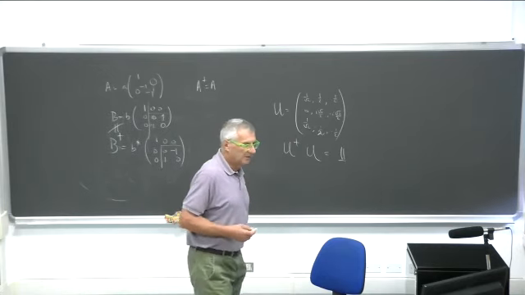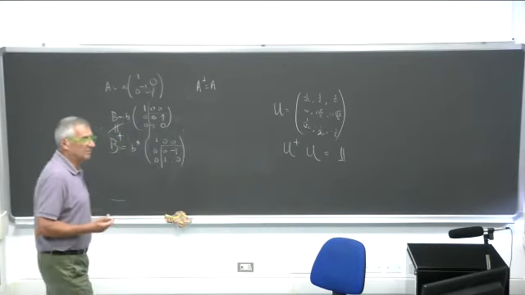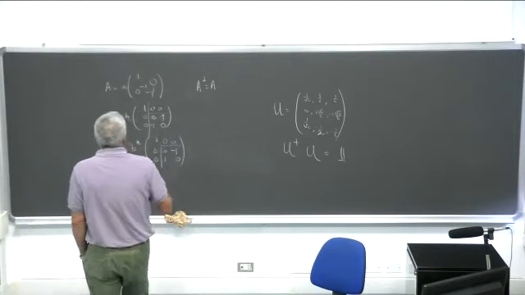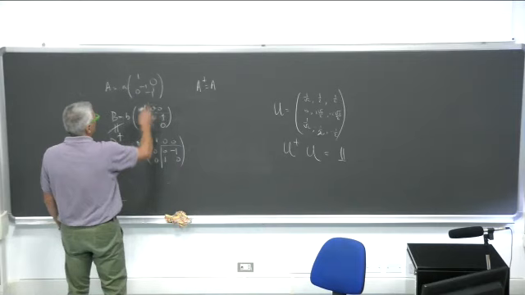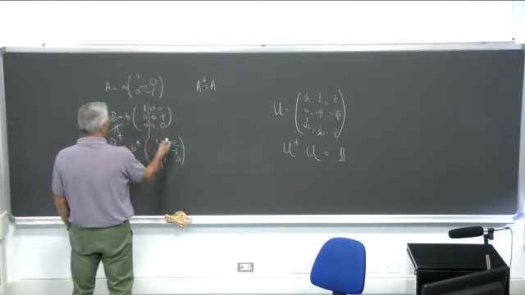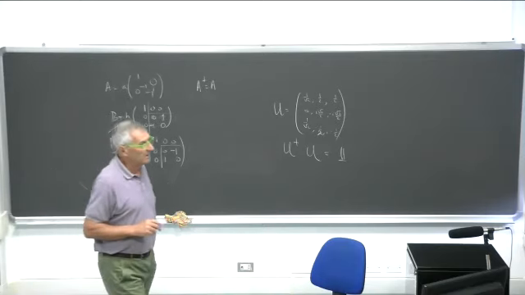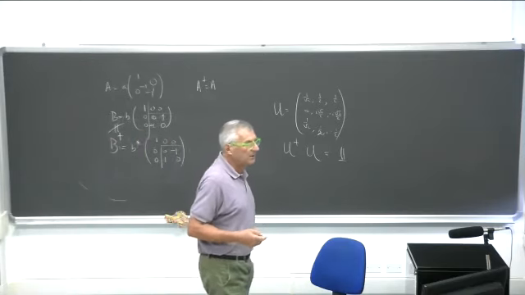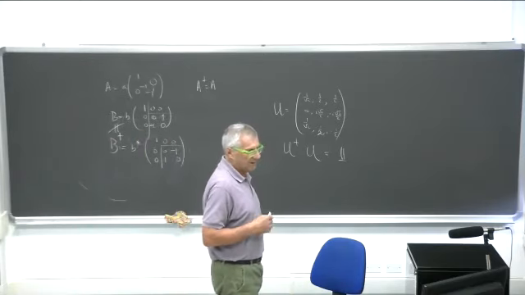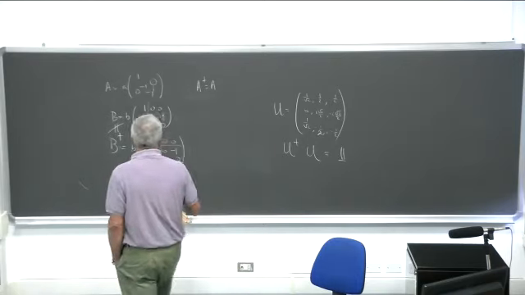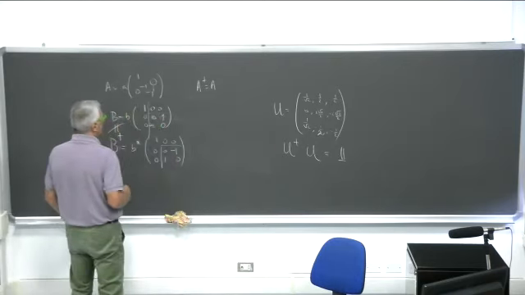Hermiticity is a sufficient condition, but not a necessary condition. So this is Hermitian, but this operator with the wrong sign is not Hermitian, so it would not be an observable for any physical system, because an observable must be Hermitian. But it can still be diagonalized, right?